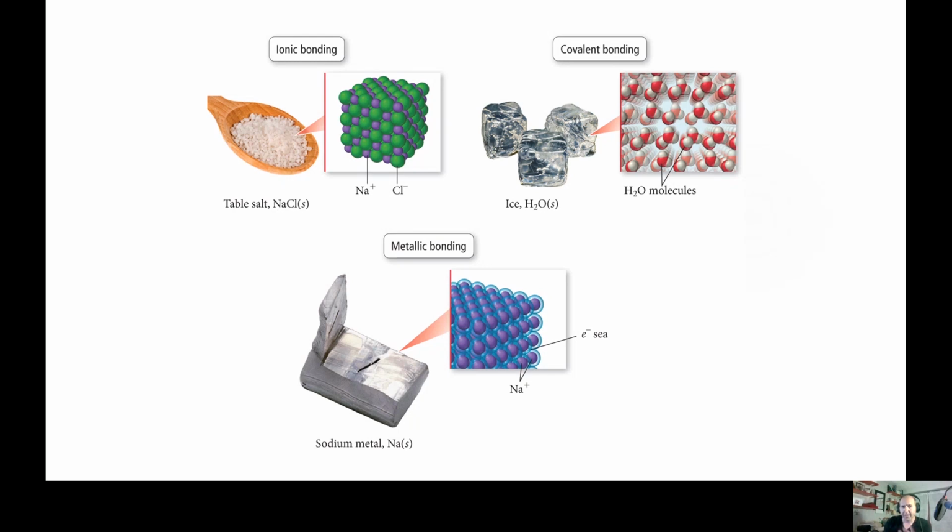In contrast, covalent bonds are a sharing of electrons, and each atom is sharing with one or more other atoms specifically. If we take the case of water, H2O, each oxygen atom is bonded, sharing electrons with two different hydrogen atoms, and only those two.